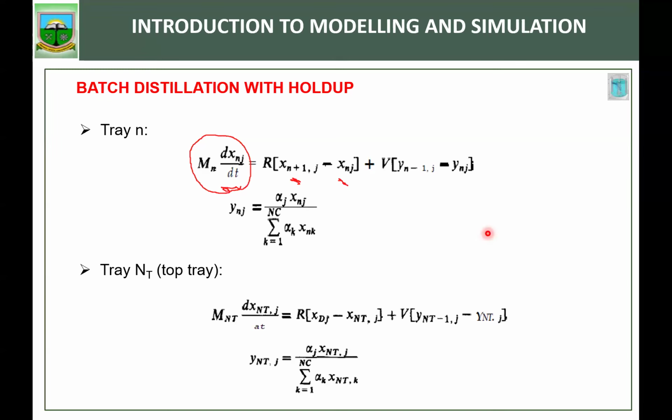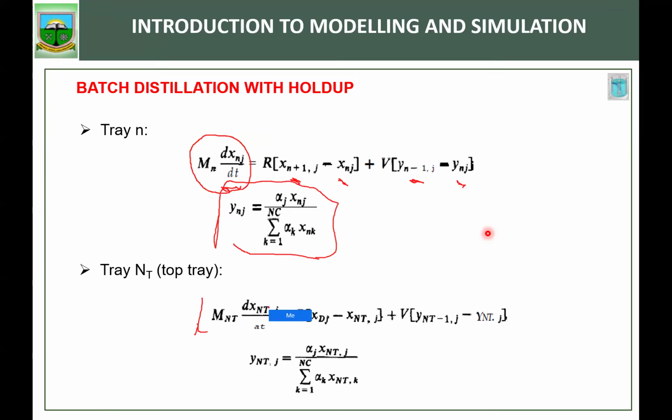So the vapor fraction on the tray minus the vapor out of the tray, then you have its own constitutive equation. You do the same thing for the top tray up to the last tray on top, so it's going to be similar.